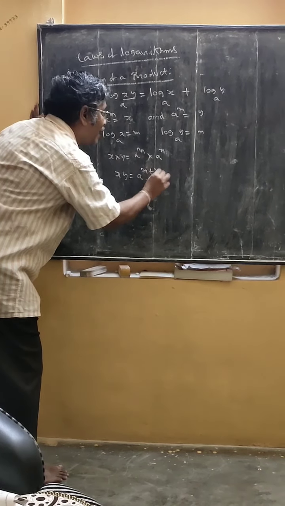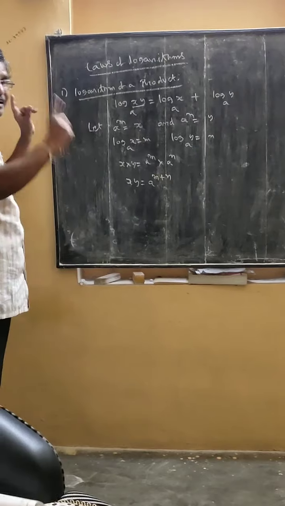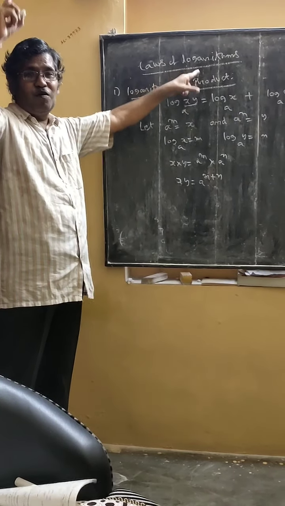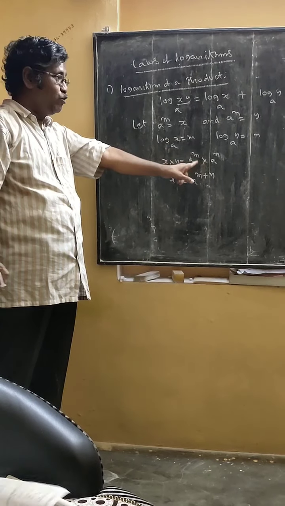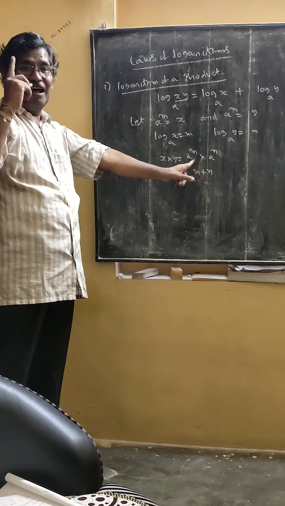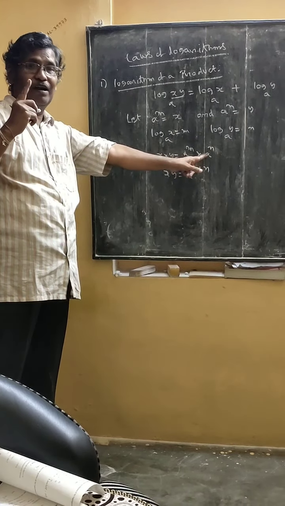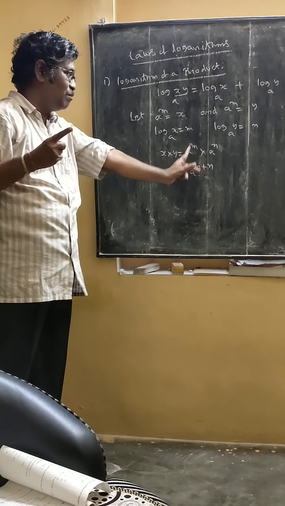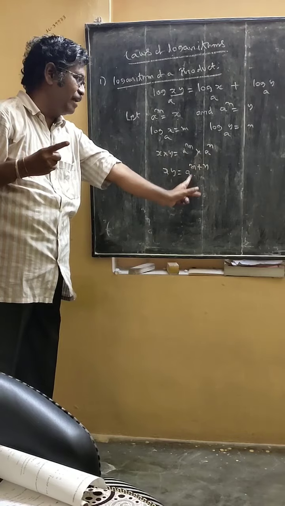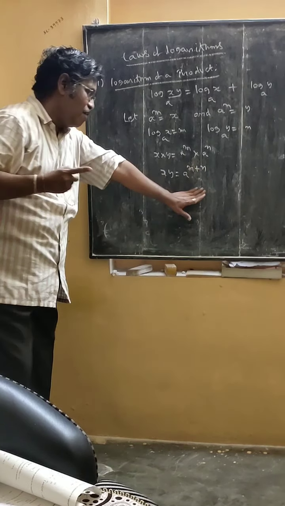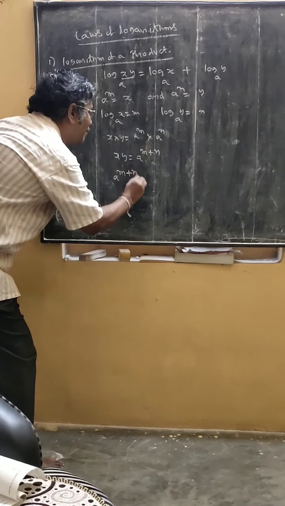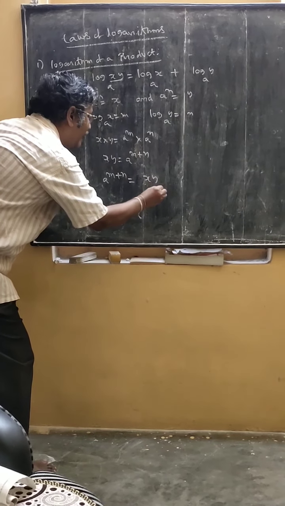So a power m plus n. That is the relationship between laws of logarithms and laws of exponents. We used the one law in the laws of exponents: when bases are equal and in product form, add their exponents. a power m into a power n is equal to a power m plus n. For convenience, you write a power m plus n is equal to xy.